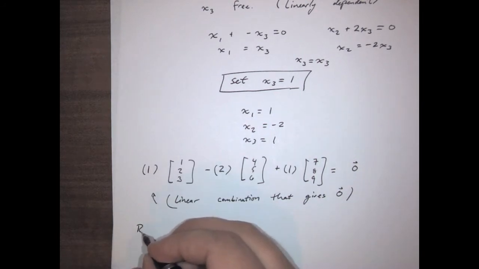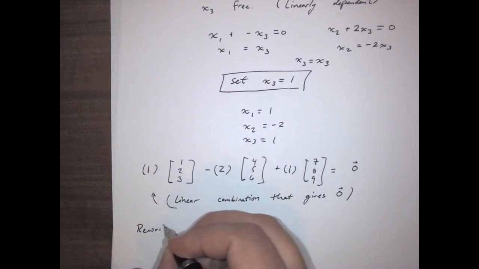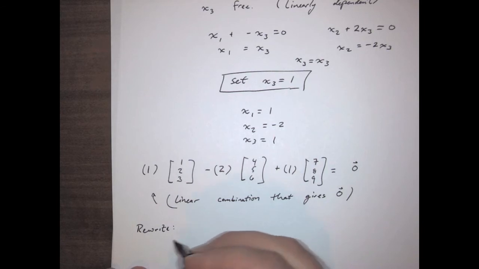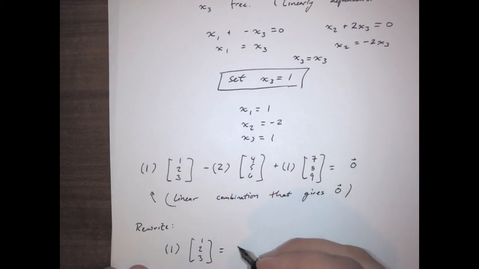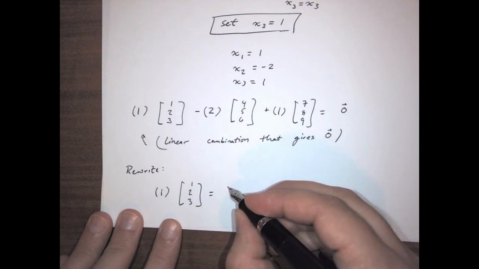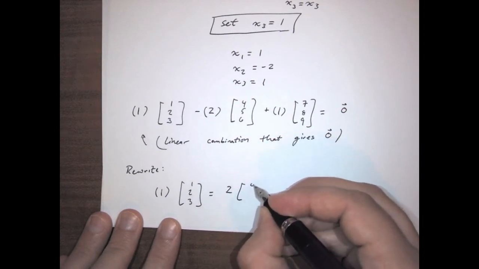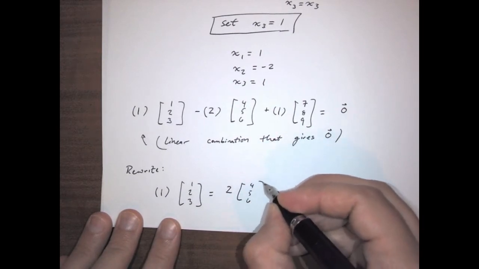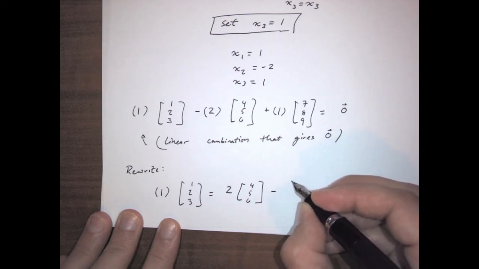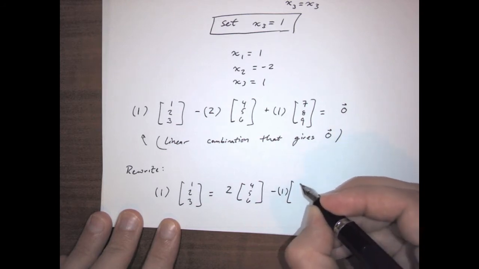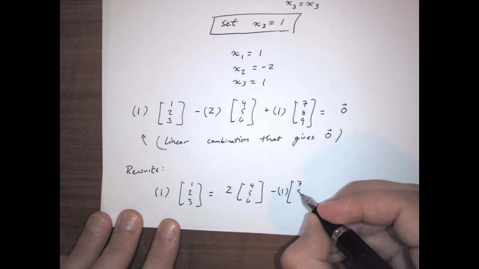I can rewrite it as 1 times 1, 2, 3 is equal to 2 times 4, 5, 6 minus 1 times 7, 8, 9.